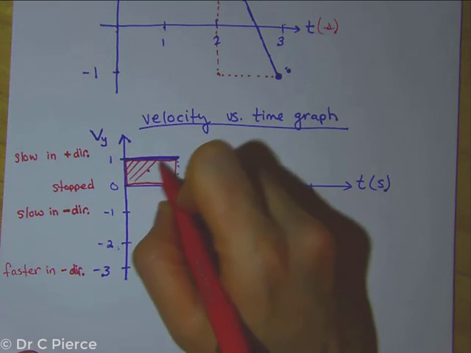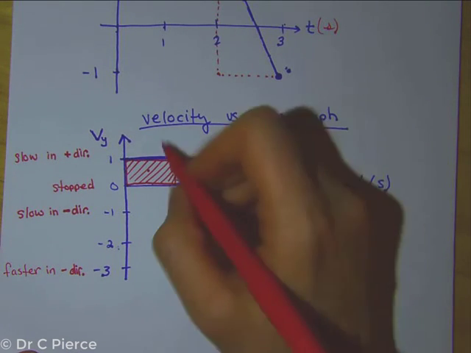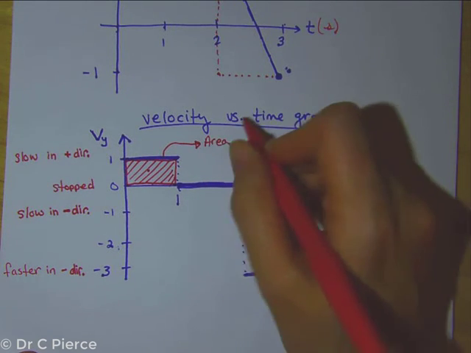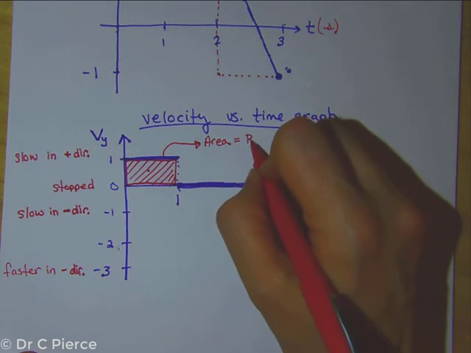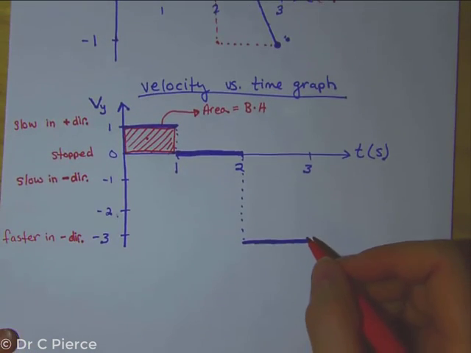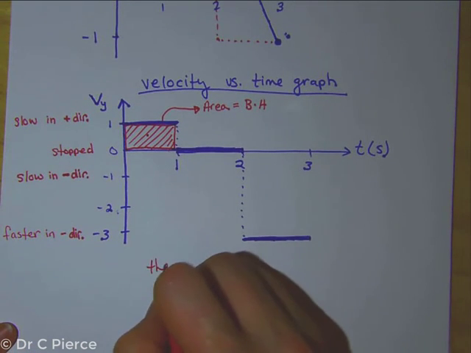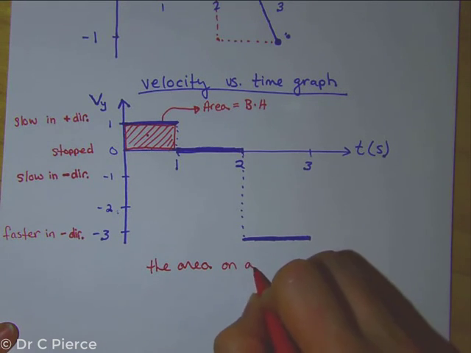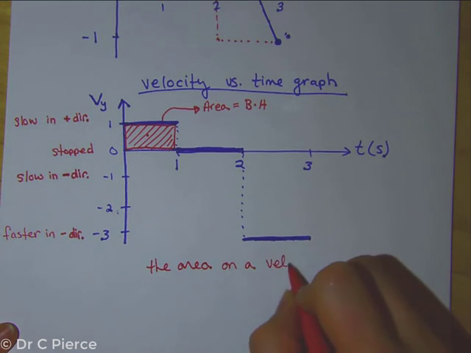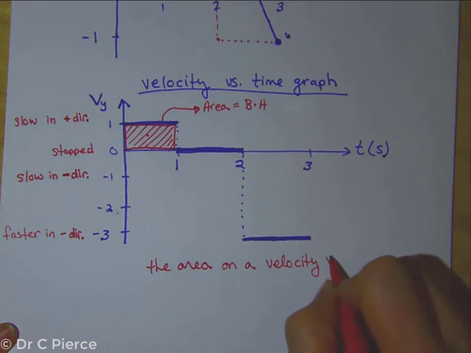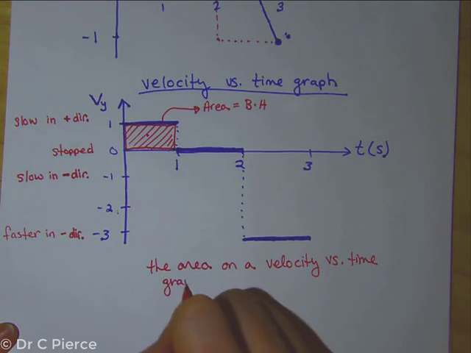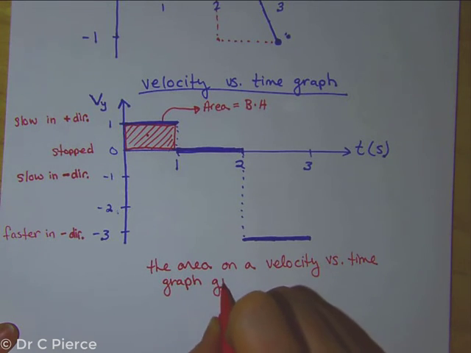So the area of this tells us the displacement. So let's write that down here. The area on a velocity versus time graph gives us the displacement.